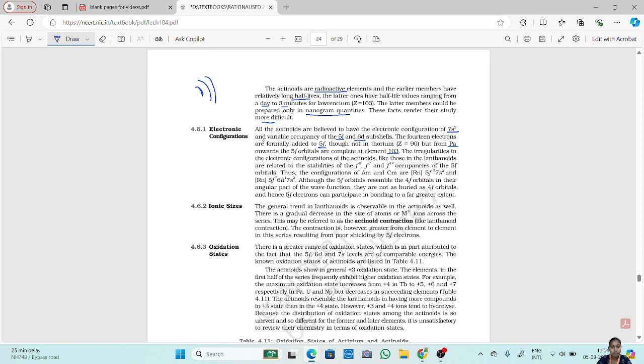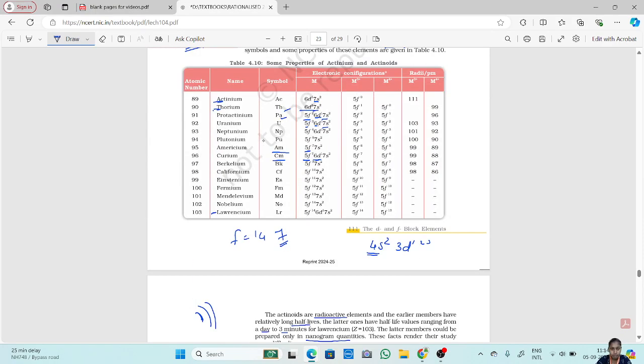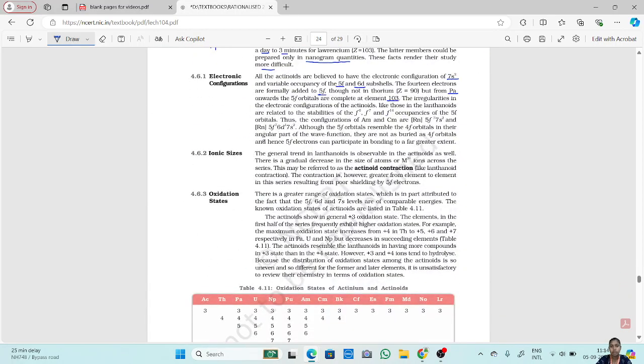Whereas 5f orbitals are not placed so far inside, as these elements have only 5f and 7s. So the electrons in the 5f orbitals will participate in bond formation, compared to 4f orbitals which are buried inside.